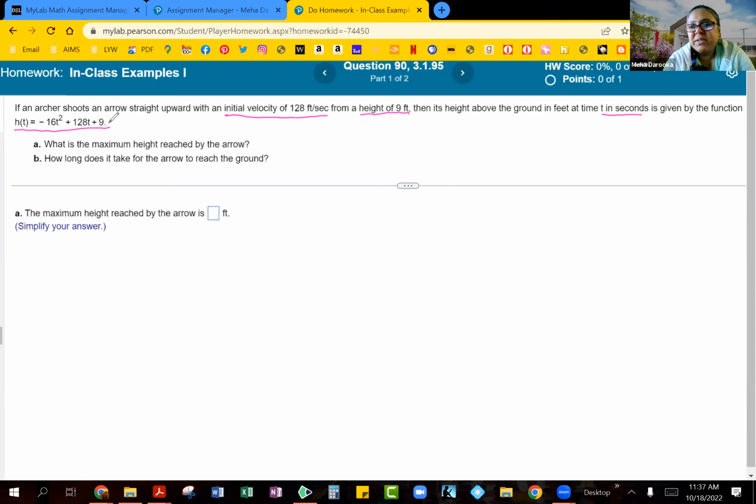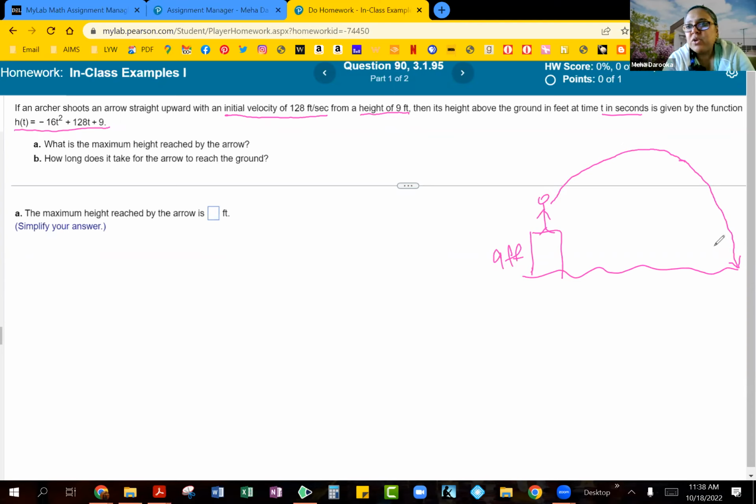So if you imagine what this looks like, that archer is standing at a height of 9 feet. So, imagine he's standing on a platform or something, this can be your ground. So when he shoots the arrow, and this is just my poor archer, when he shoots the arrow, your arrow will make kind of that parabolic shape before it comes back and reaches the ground over here.